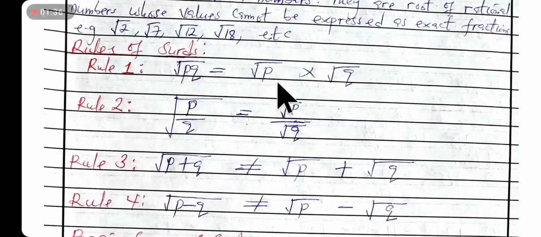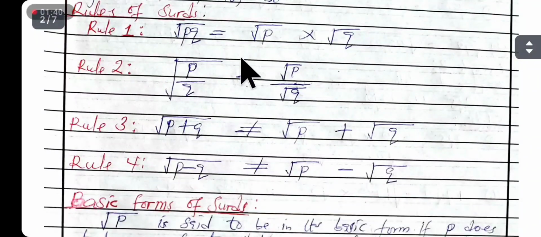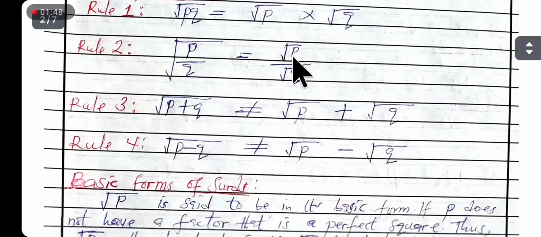The next one is division. Root of p divided by q is the same thing as root of p all over root of q. You can split the root for the numerator and the denominator and it still works.